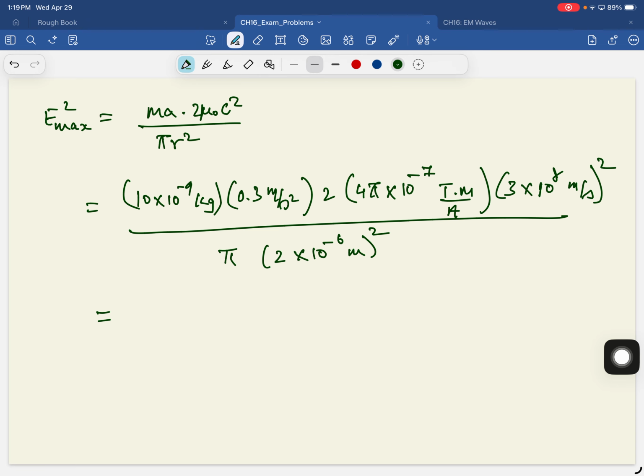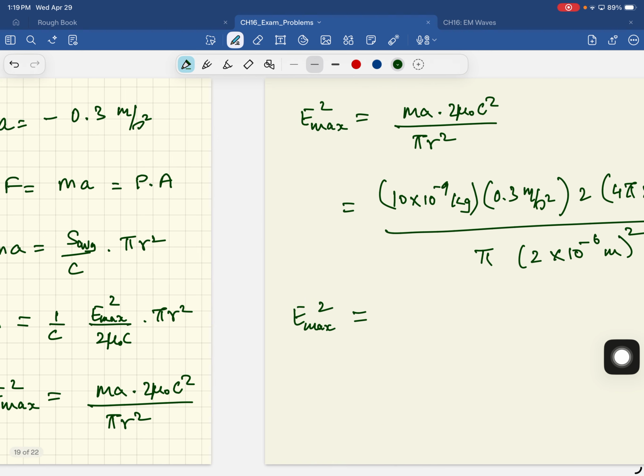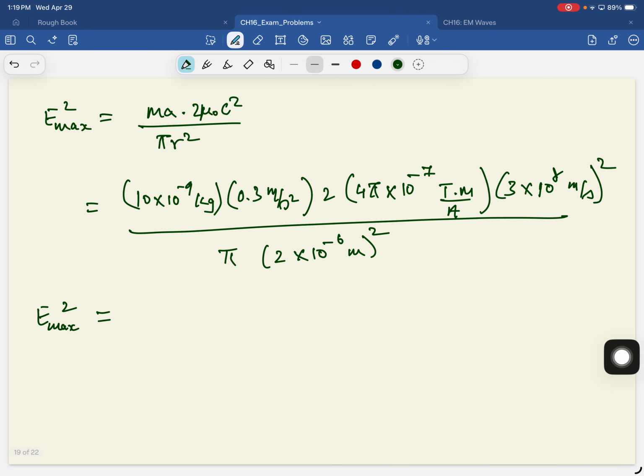So E max squared, did I do this right? Oh, no, hang on a second. That's squared. Okay, so this is 9 minus 16.